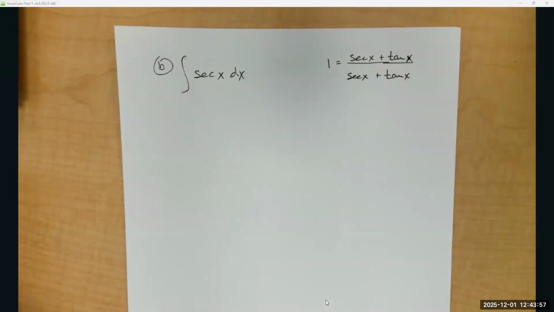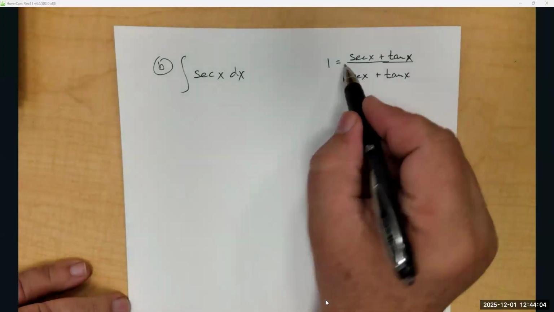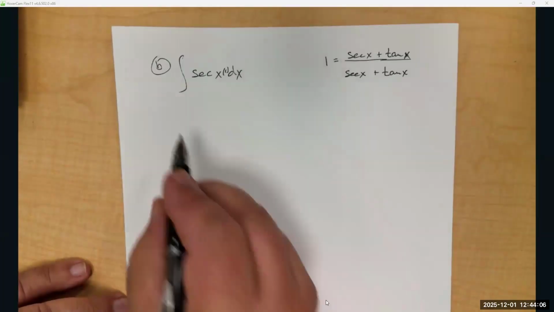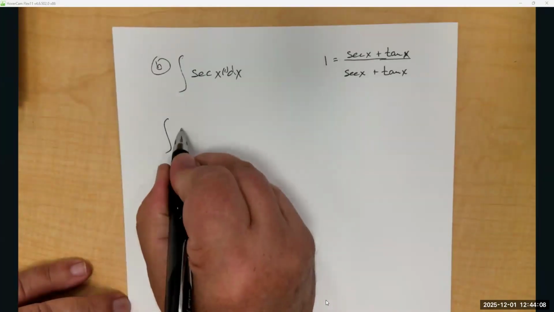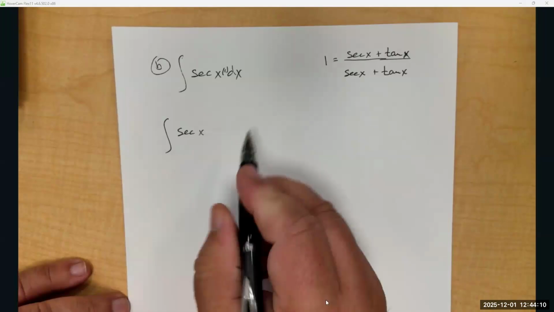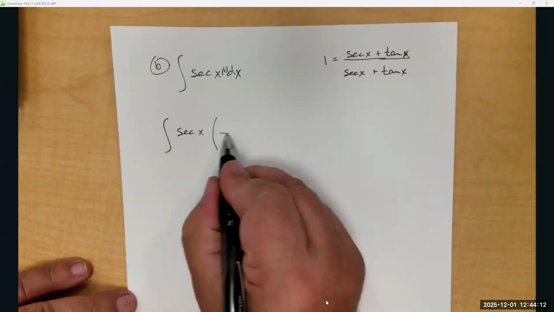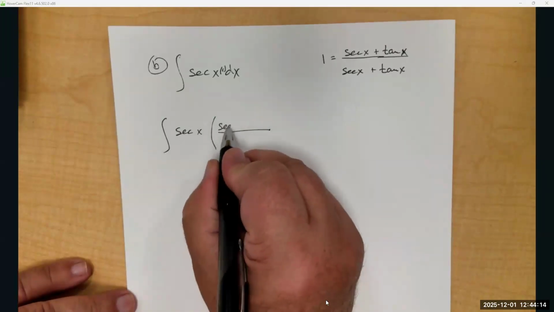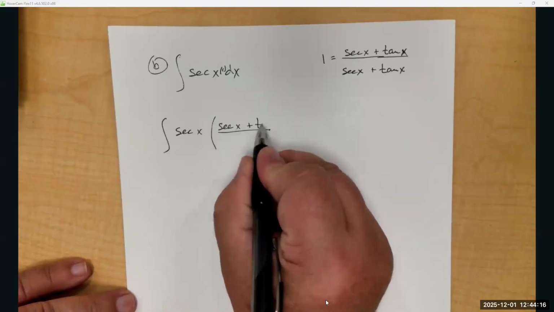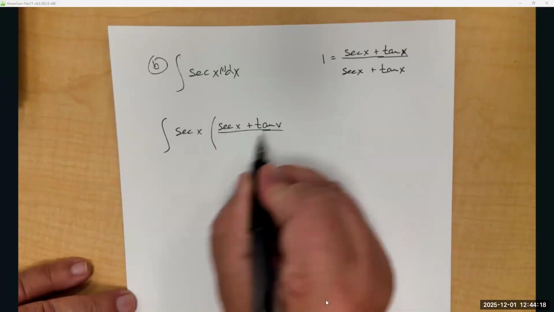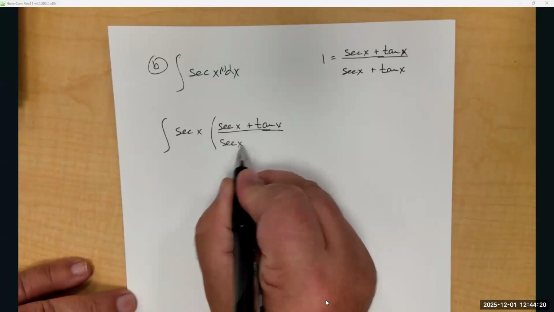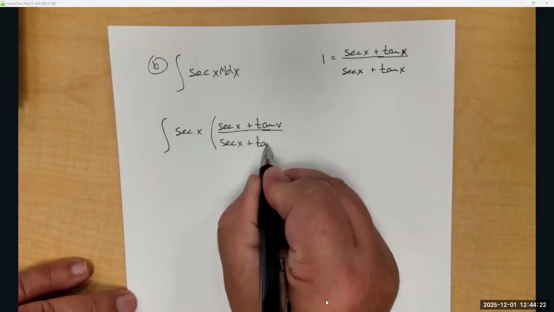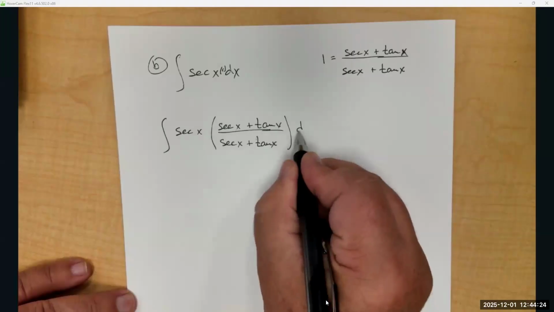Now, can you guess why I did that? Let's think about it. This is the one where we multiply to that. So we get secant x times secant x plus tangent x over secant x plus tangent x dx.